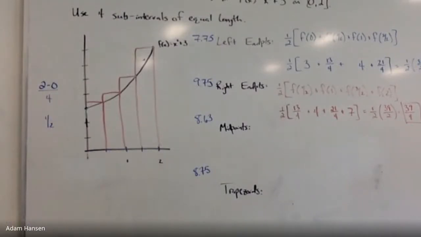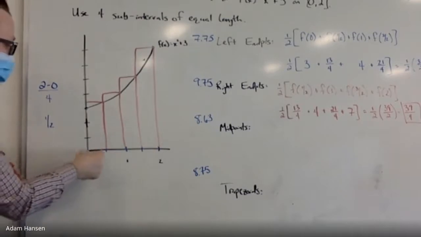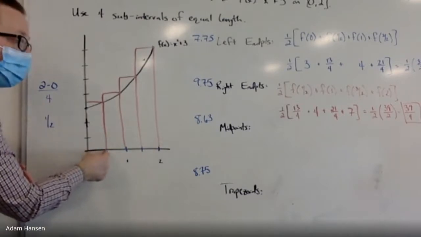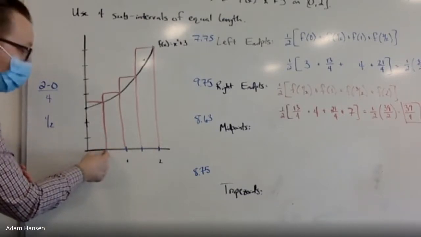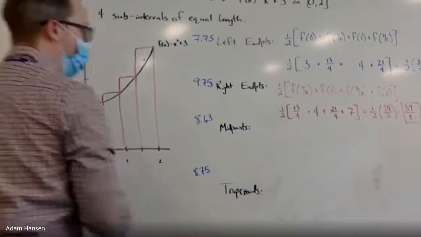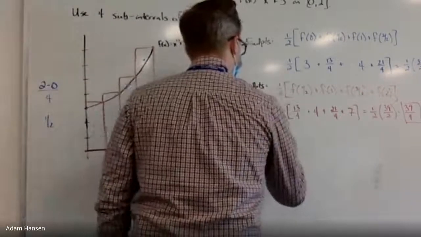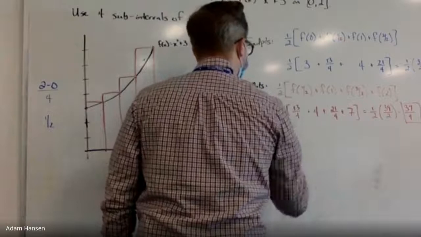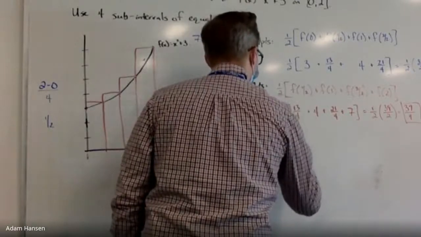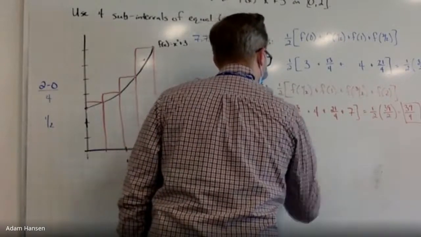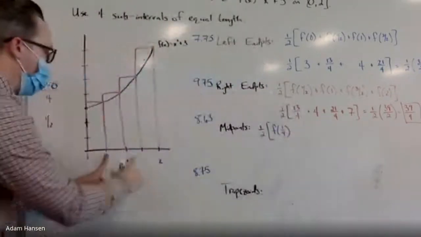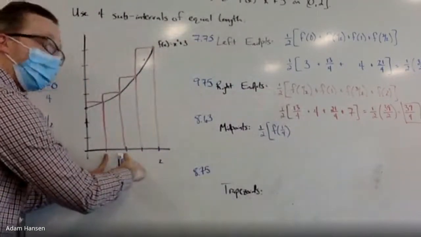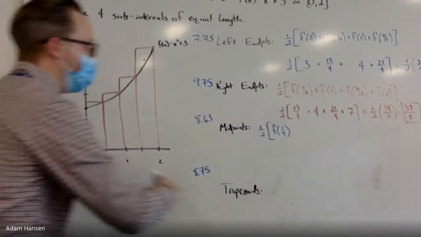All right, what makes midpoints different? So what's in the middle of 0 and 1/2? 1/4. So this rectangle approximation would be 1/2 times f of 1/4. What's in the middle of 1/2 and 1? 3/4, so 0.75.